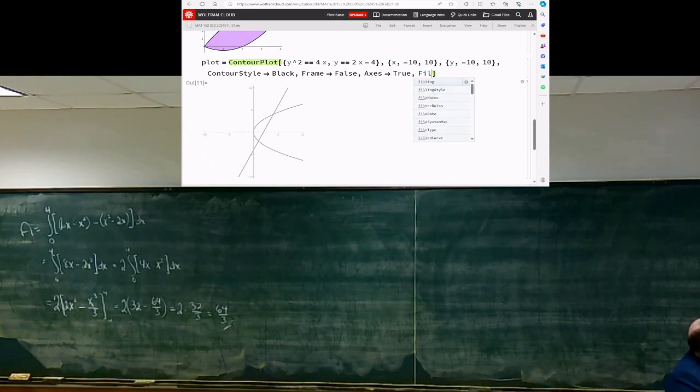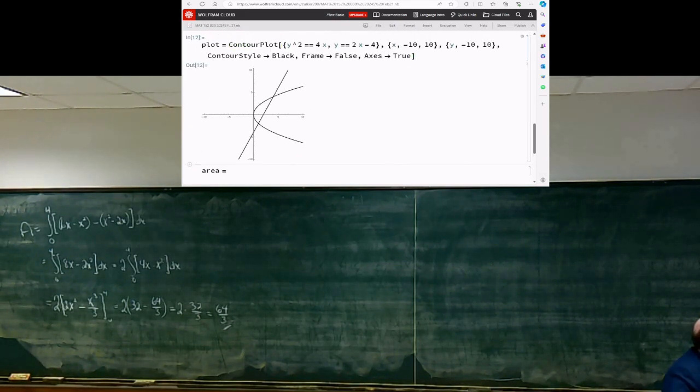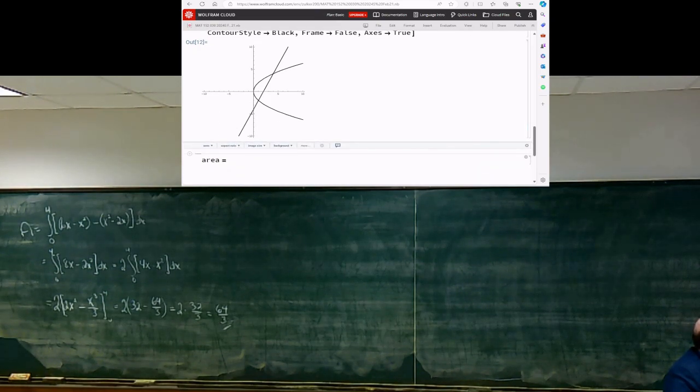Yep, nope, okay, good, they haven't. Unfortunately, the filling option cannot be used with contour plot. So if I want to shade the region, I'm going to have to use plot.